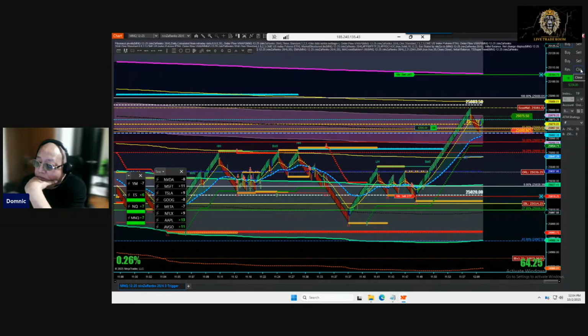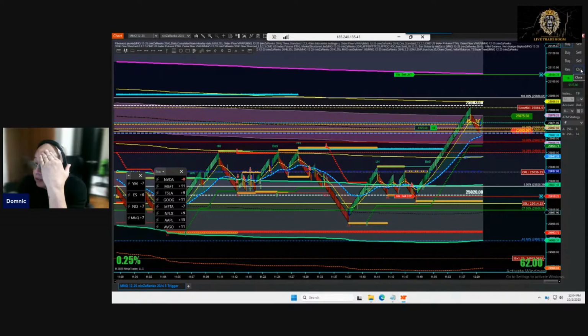Come on. They didn't get past that band there, that VWAP band. They're stuck at the VWAP.